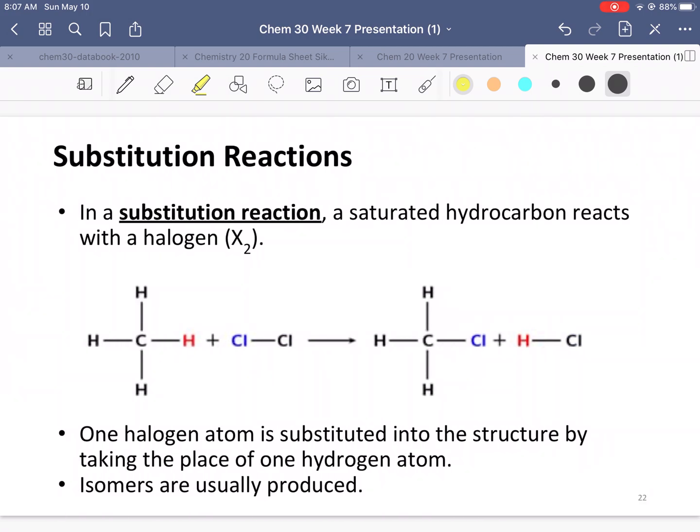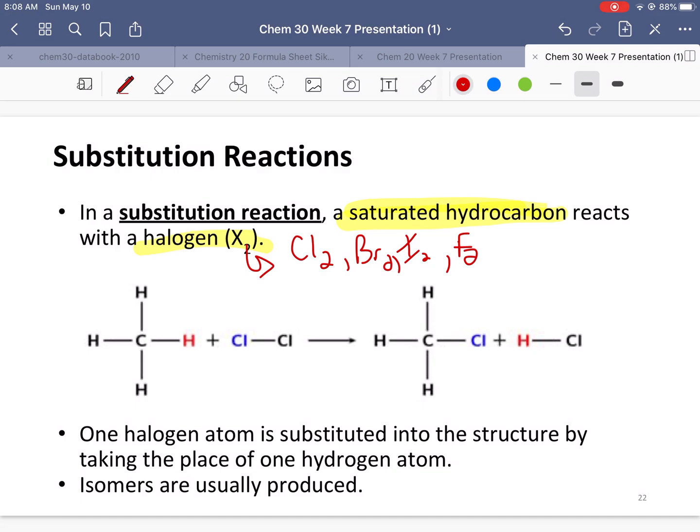Going into a really simplistic type of this, one thing we could do is take a saturated hydrocarbon, so that means it has only single bonds between carbons, and react it with a halogen. Now, I already talked about the halogens last time. Your options here are going to be chlorine, bromine, iodine, and fluorine. Those are your possibilities. From the picture that you can see below here, we're taking methane to start, reacting with the halogen chlorine.